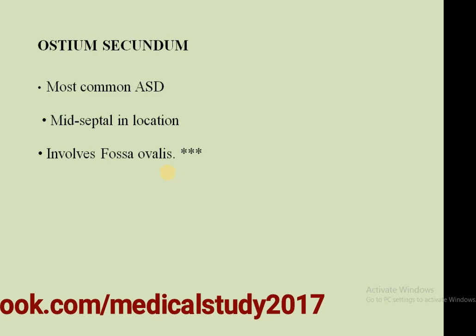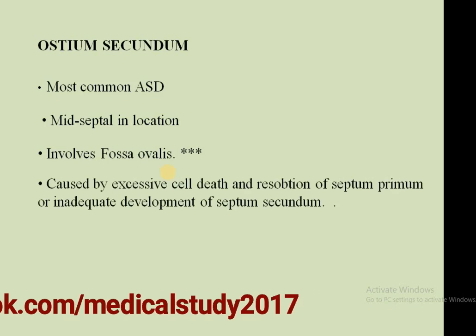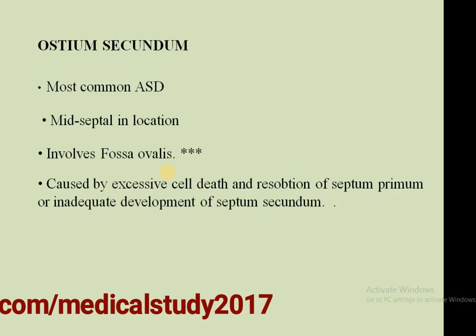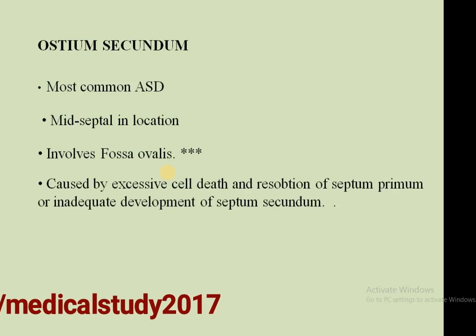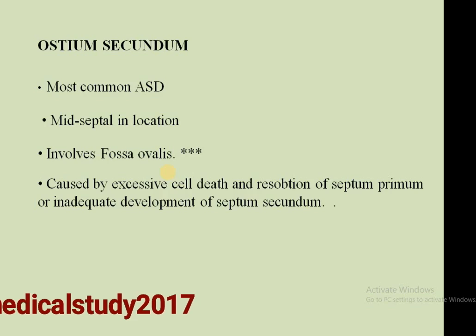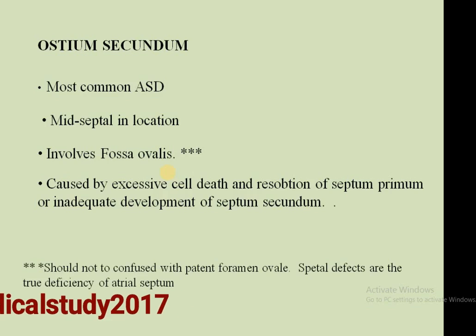To understand this also, watch my first video. And this defect is caused by excessive cell death or reabsorption of the septum primum, or inadequate development of the septum secundum, and should not be confused with the foramen ovale. So, most common ASD, mid-septal in location, and involves the fossa ovalis.